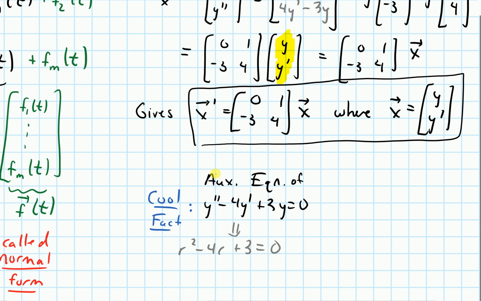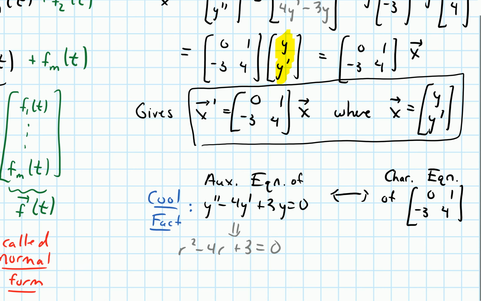Sometimes we call the auxiliary equation the characteristic equation. And it turns out there's a connection between the auxiliary equation of a single differential equation like this and the characteristic equation of its matrix in normal form, the matrix we just got, 0, 1, negative 3, 4.